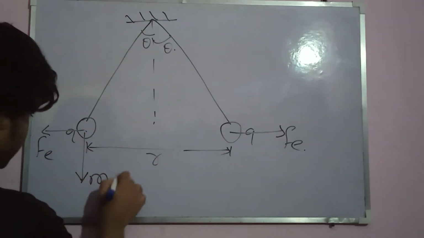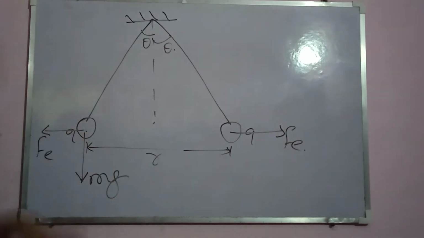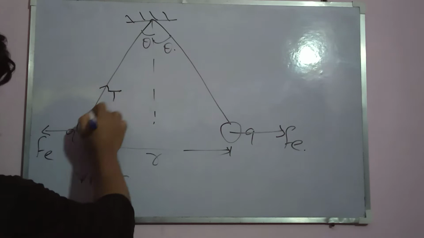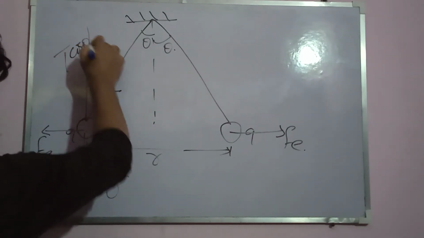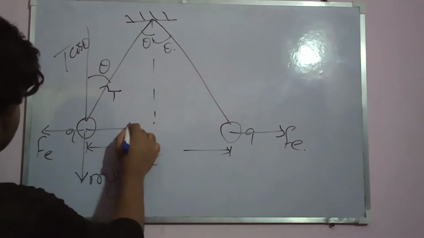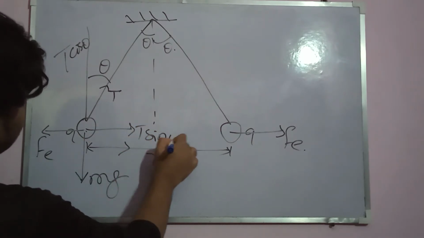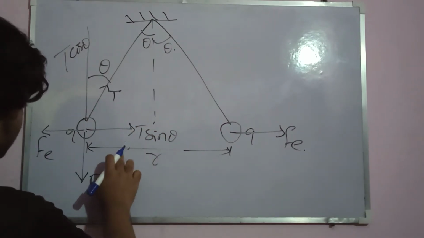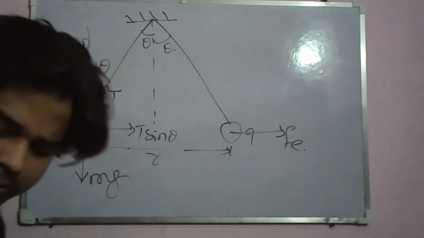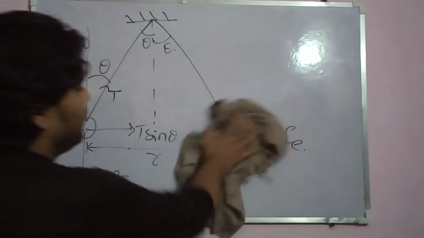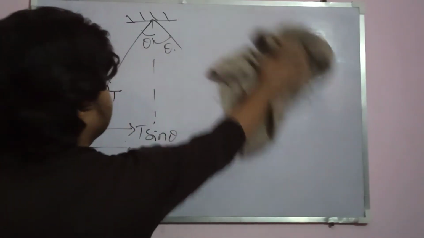The weight mg of the charge acts downward, and this is the tension. There are two components of tension, T cos theta and T sin theta. So checking only one portion, I can solve it like this.